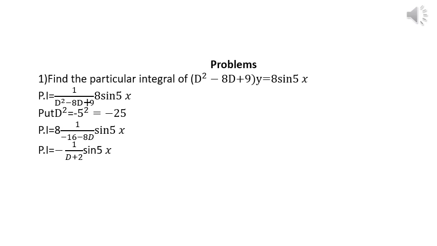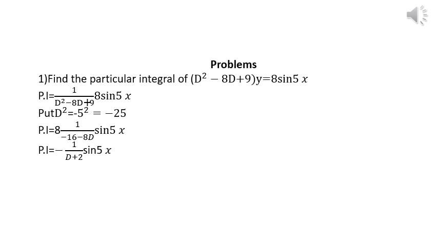Now this is 8 into 1 by minus 8d minus 16, numerator sin 5x. If there is any common factor, you take it out. In the denominator minus 8 is a common factor. I took it out. Then the remaining is minus 1 by d plus 2 into sin 5x.